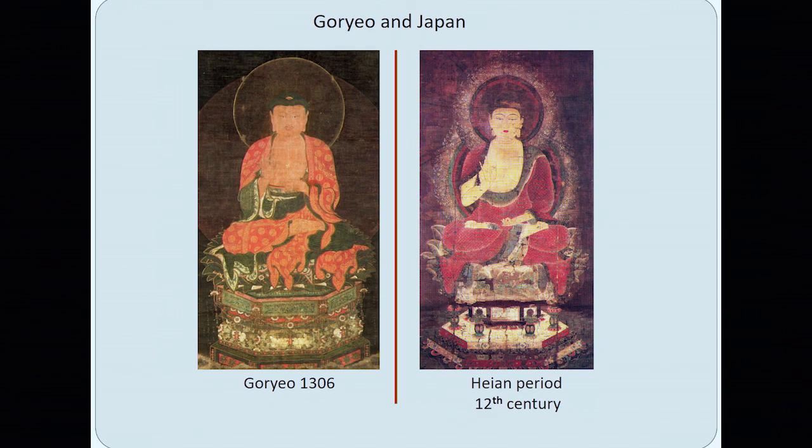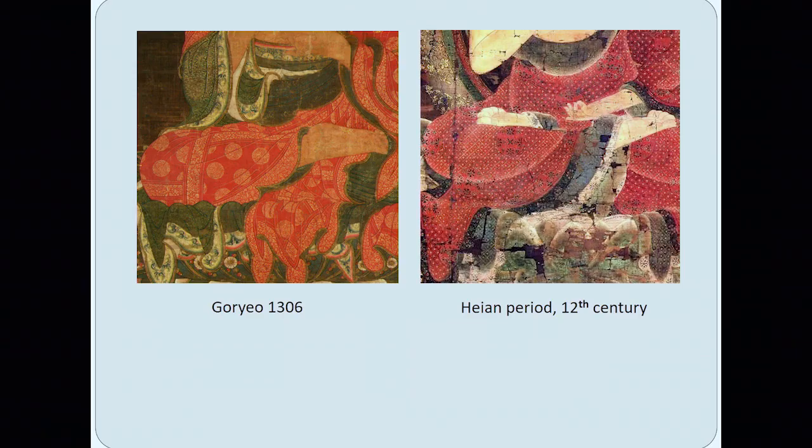Today, I will briefly point out the differences between a Goryeo and a Japanese Buddhist image using these two examples. The style of the Goryeo Buddhist painting of the Buddha Amitabha, shown here on the left, is quite unlike the Buddhist painting from the Heian period that I'm comparing it to, that's now in the Nara National Museum on the right.